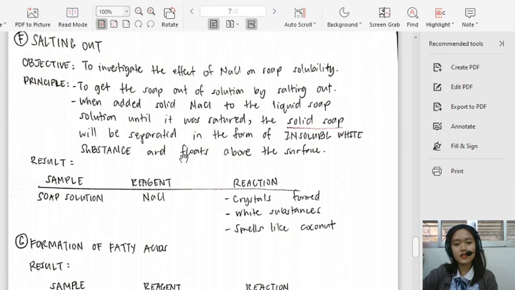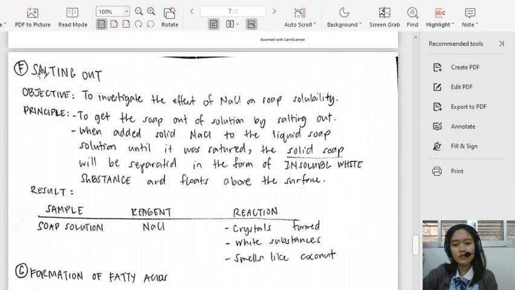Let's go to salting out. Okay. Remember that the goal of salting out is to turn your solution soap, or your liquid soap, into a solid soap by adding salt or NaCl. So the objective is to investigate the effect of salt or NaCl on soap solubility.